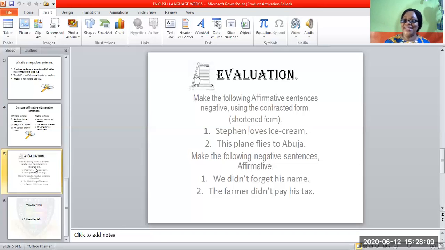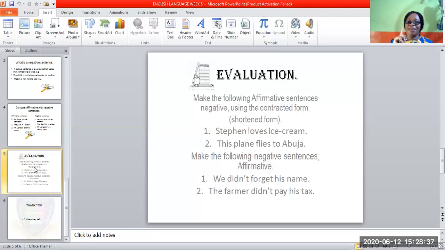The farmer paid his tax. Are we together? Beautiful. If you have been able to answer these evaluation questions, then you're on the good road to affirmative and negative sentences success. You're good.